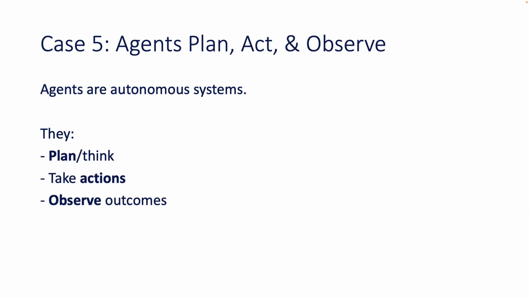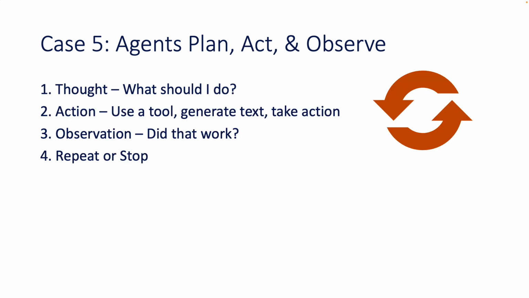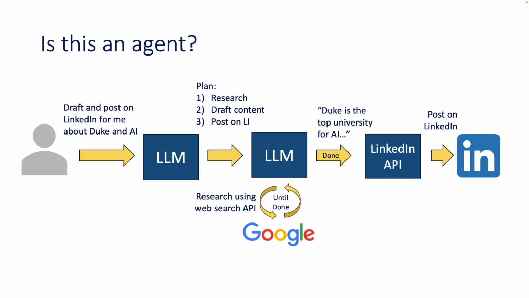Okay, now, to be an agent, we need 3 steps. We need a step to plan, or sometimes we call it think. We need a step to take action, and we need a step to observe the outcomes. So, what does this mean? Well, when we think about this in the context of our LinkedIn example, let's say that we wanted to have the agent do some research and draft a post on LinkedIn about Duke and AI.